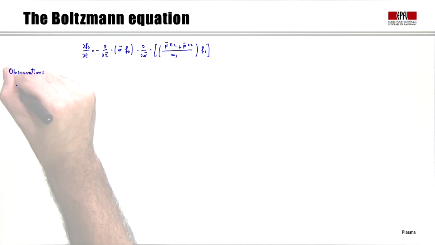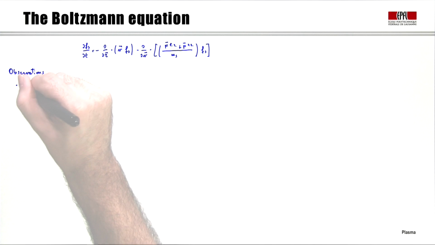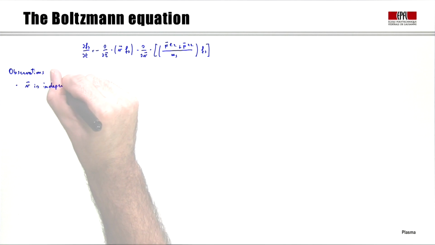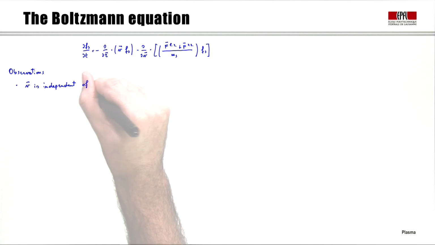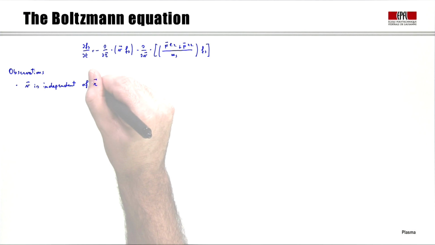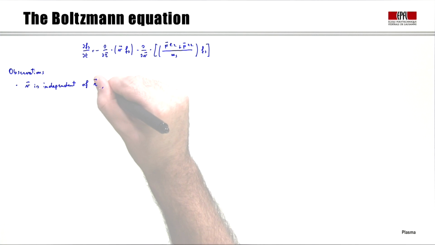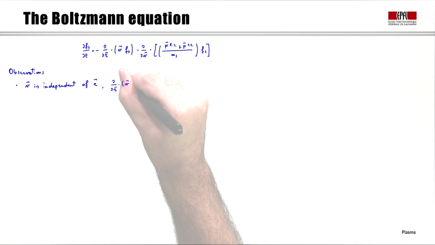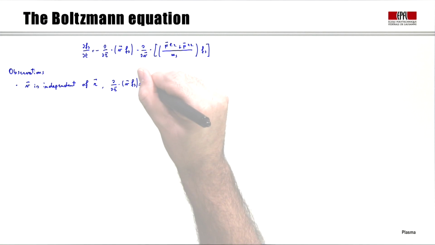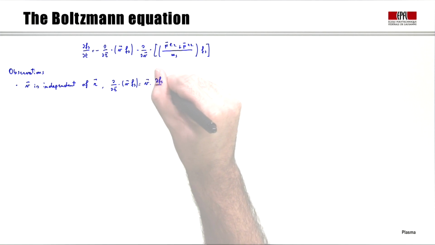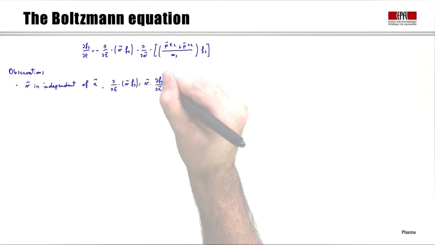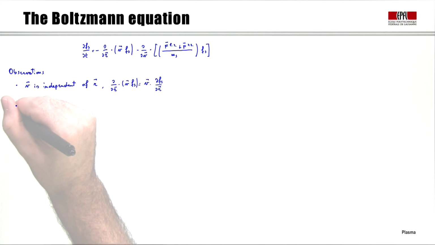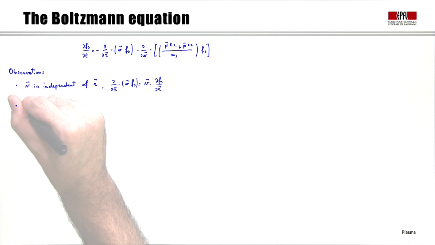The first thing that we have to notice is that as v and r are independent phase space variables, then we will have that the divergence of v fs is equal to v dot dfs over dr. Second thing that we notice is that the forces that we have written are actually electric and magnetic forces.